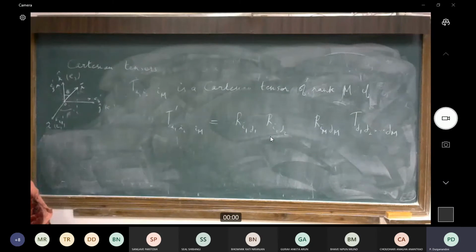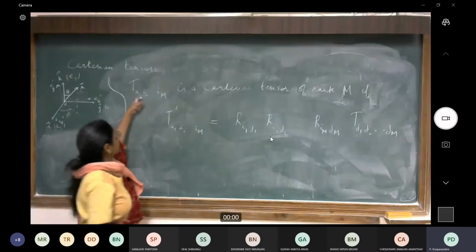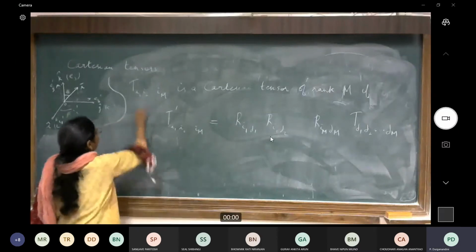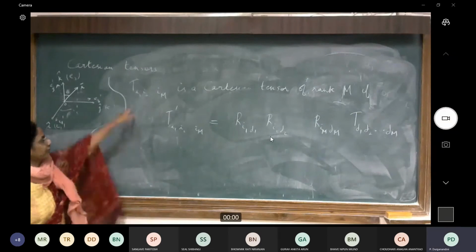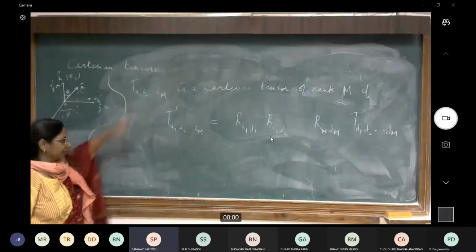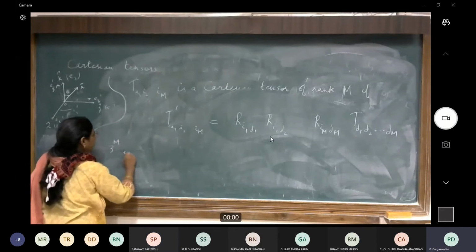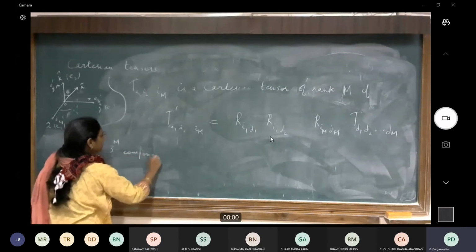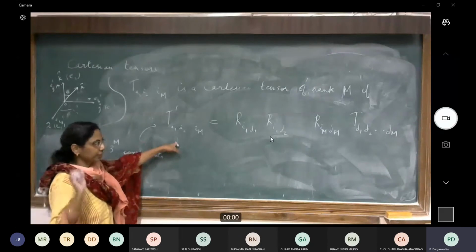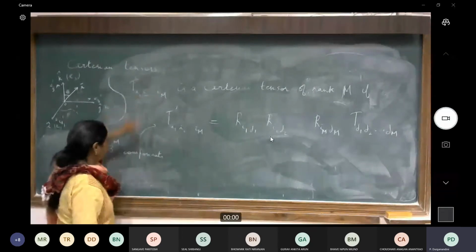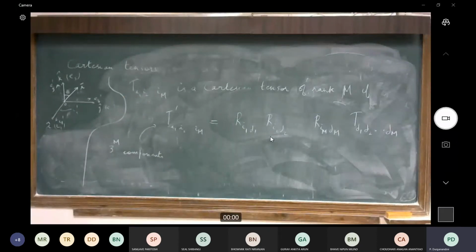So most generally, I can define a Cartesian tensor of rank m as something which has m indices. How many components does this have, an mth rank tensor? 3 to the power of m. So you have these 3 to the power m components, and if they transform in this fashion under rigid rotations, then I will call this set of 3 to the power m components a Cartesian tensor of rank m.